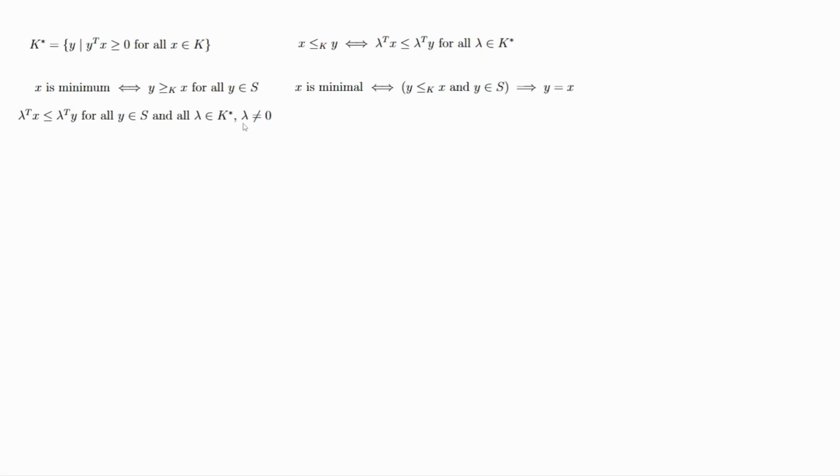So why does this work? Well, the argument is actually pretty simple. If y is greater than or equal to x, this is the same as, of course, y minus x being in K. But by definition of the dual cone, we take some lambda from the dual cone, and we take the inner product with some element in K. In this case, that's the difference between y and x, and we set that greater than or equal to 0.